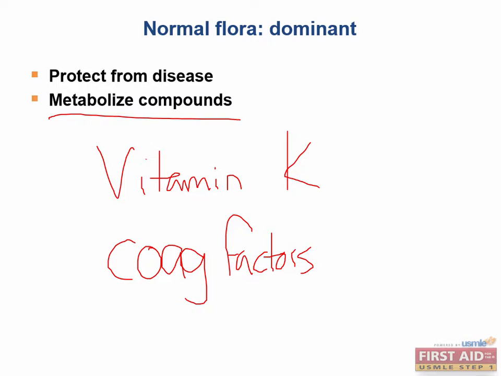Do you remember which coagulation factors are gamma carboxylated? 10, 9, 7, 2, protein C, and protein S. Very good. So without bacteria in our gut, we would be poorly absorbing vitamin K and we could suffer from bad bleeding problems. So these are just some examples of why we need bacteria.